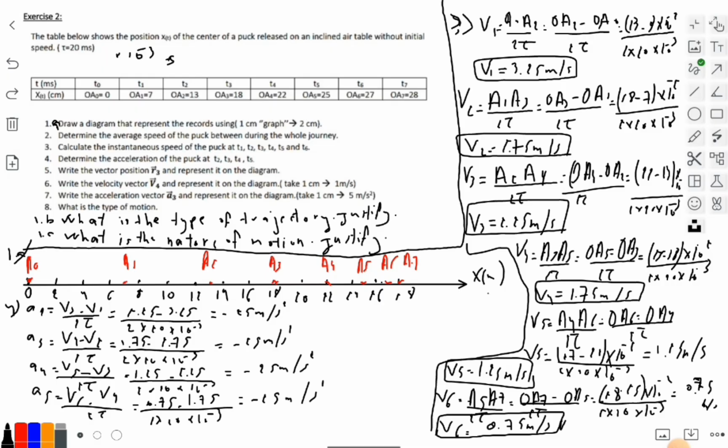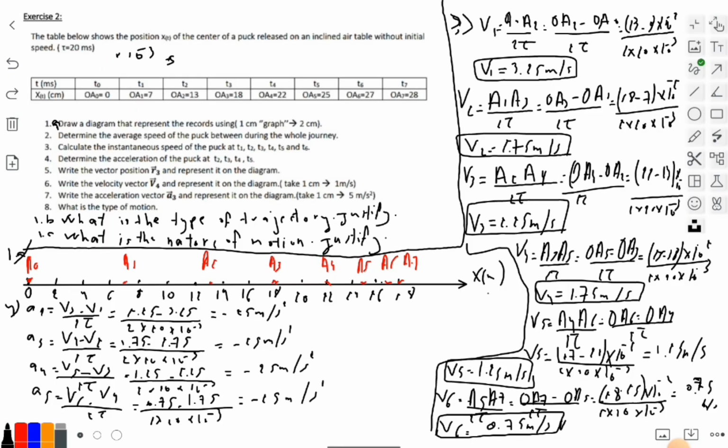They are constant and negative. So in this case, the motion is decelerated, that means the velocity decreases with time. And we conclude that the acceleration is negative in this case.